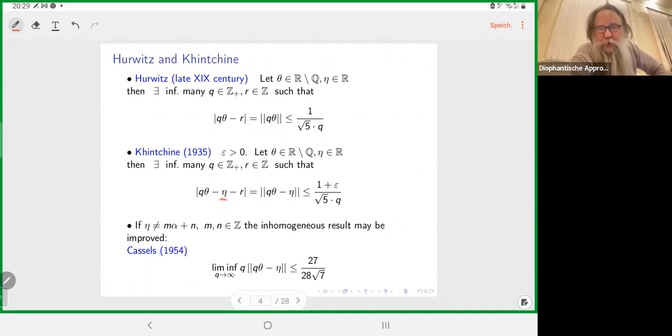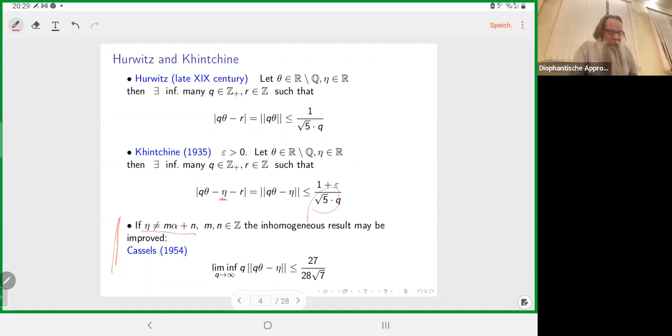I do not want to go into details now, but nevertheless, I want to mention that although Khintchine's theorem has an exact constant here, it is not the last word in one-dimensional problems. If you restrict yourself to other etas, then we have something maybe very interesting, but I do not have enough time to speak about this.